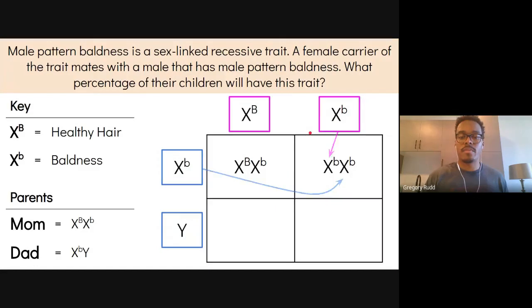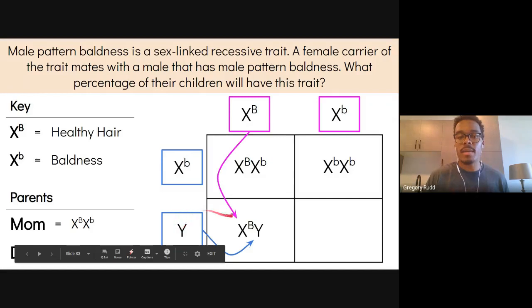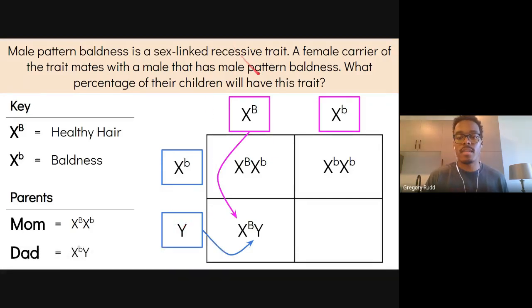Next, I'm going to take this X with a dominant allele from mom, and I'm going to drop that down. I'm going to take dad's Y, and I'm going to slide it over. Good job, Fanique. And then my last box, what should end up in that last box?